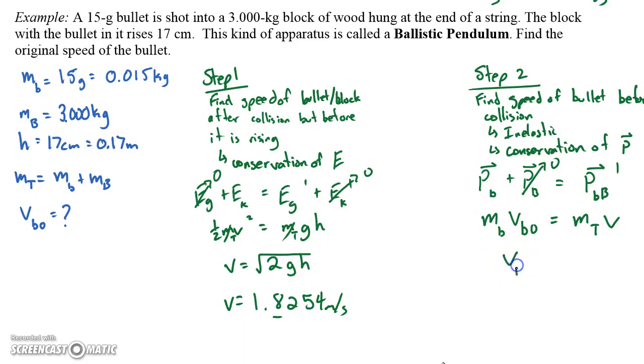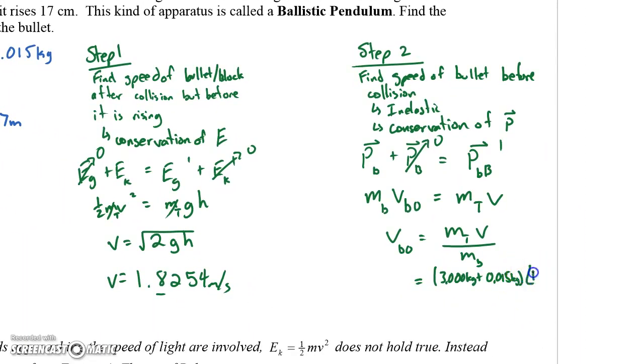So we can easily rearrange this. VB0 is equal to the total mass times the speed over the mass of the bullet, which is going to be 3.000 kilograms plus 0.015 kilograms times 1.8254 meters per second, all over 0.015 kilograms.